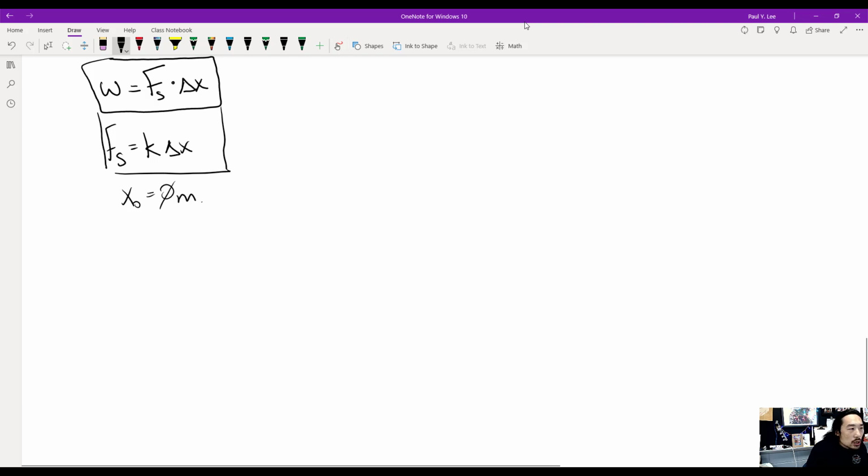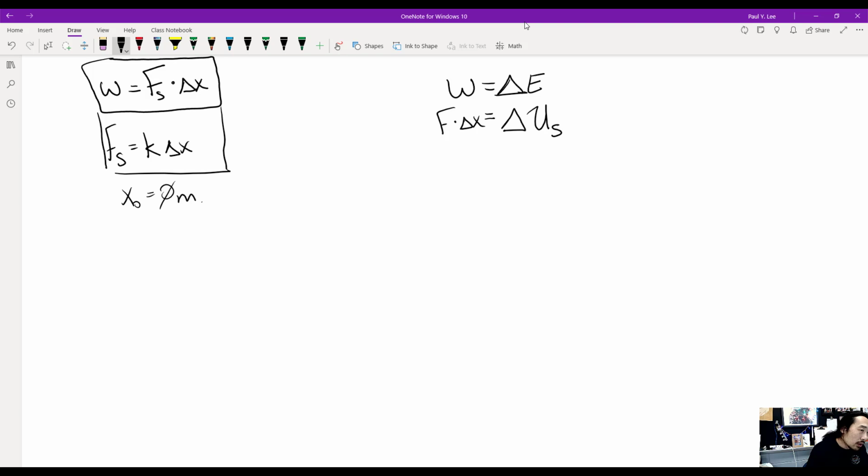Okay, so step one: work is equal to the change of energy. Because we're talking about energy that's being stored in a spring, we're going to call this change of energy the change of spring potential energy, U sub S. We know that the work formula is force times displacement.